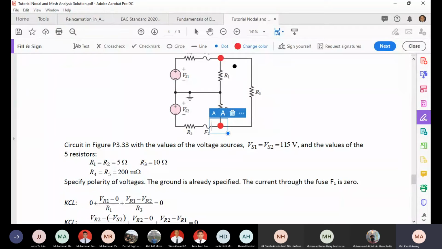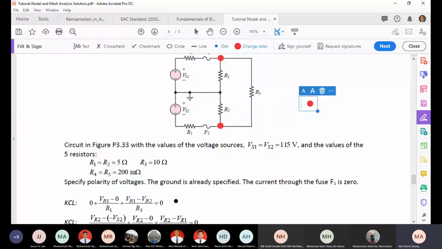Therefore, 0 current here plus (VR1 minus 0) divided by R1 plus (VR1 minus VR2) over R3, because VR2 is here, and this is 0, the ground. So this is the first equation.